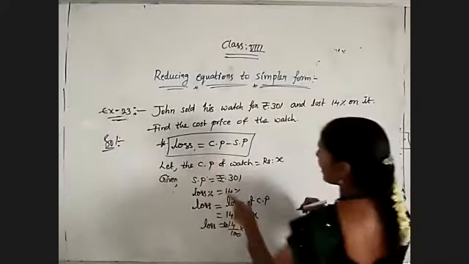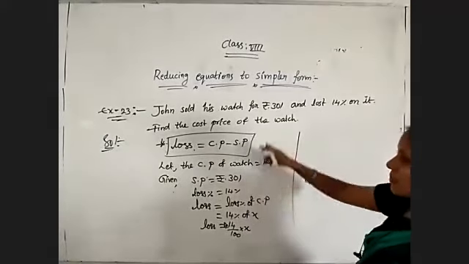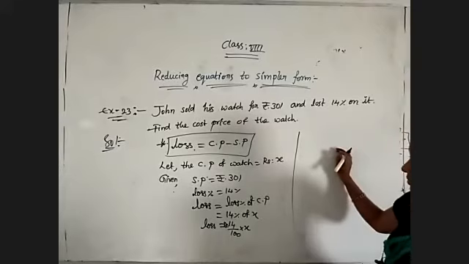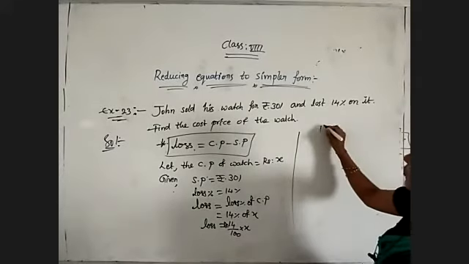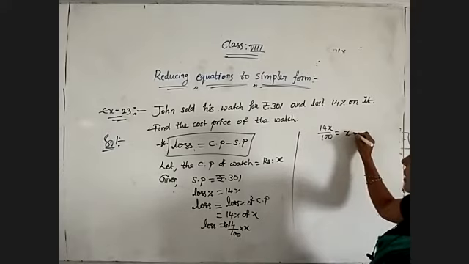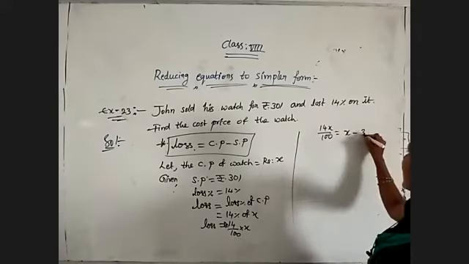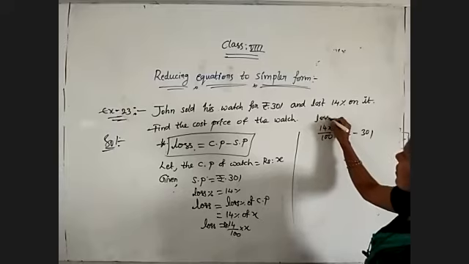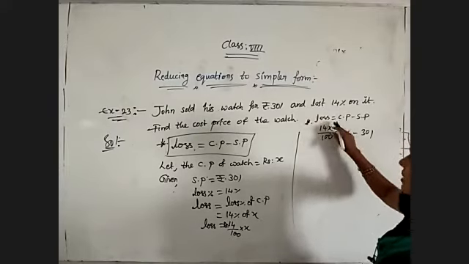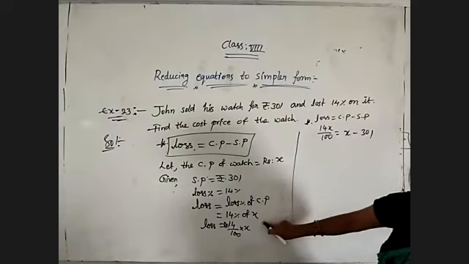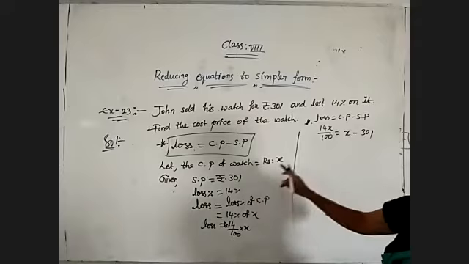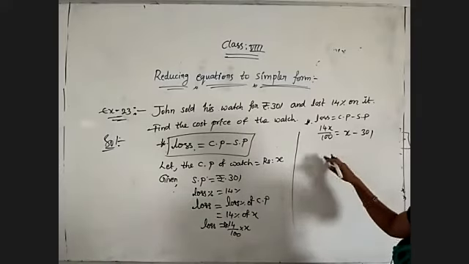So we have the formula loss is equal to CP minus SP. Substitute each and every value there. Loss is equal to 14x by 100, is equal to CP is x minus SP is 301 rupees. So loss is equal to CP minus SP, in this formula I have substituted all these. Now bring x terms to one side and constant terms to one side.